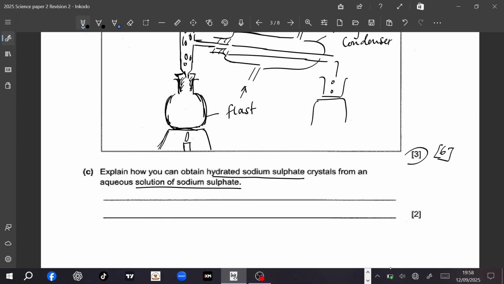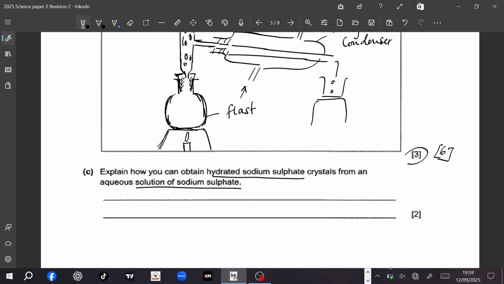So crystals are formed when water of crystallization is not driven completely from a salt. So how do you ensure that water is not driven off?